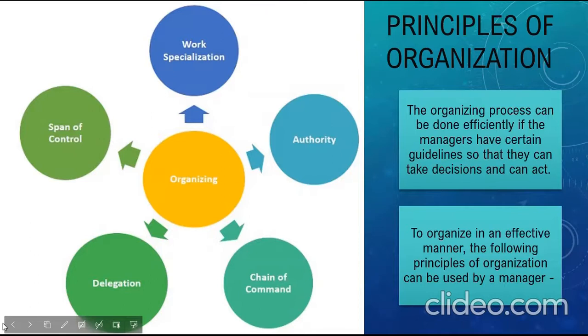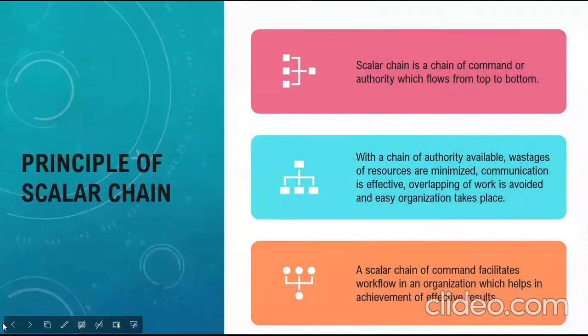Now let's continue by understanding the first principle of organizing, and that is principle of scalar chain. It is also known as clear unbroken line of authority. Scalar chain is the chain of command or authority which flows from top to bottom.